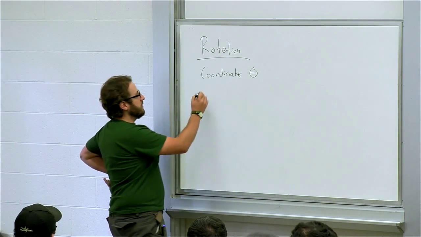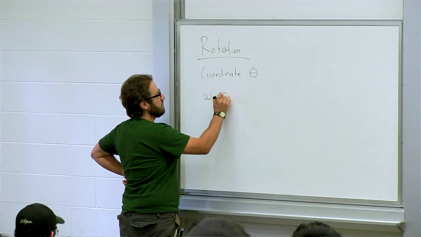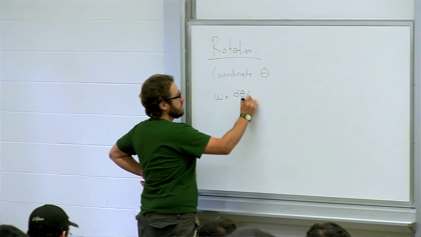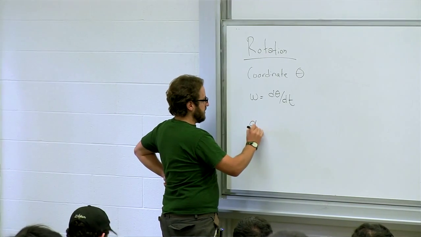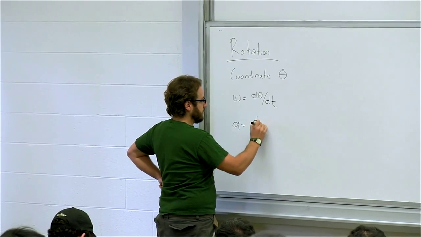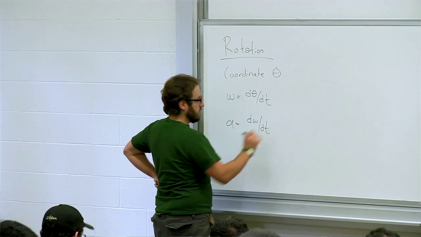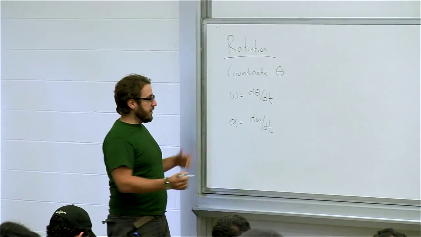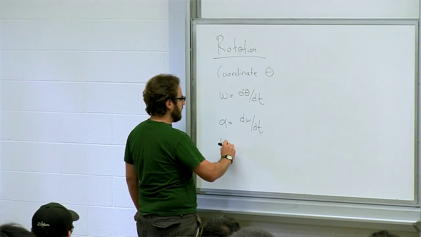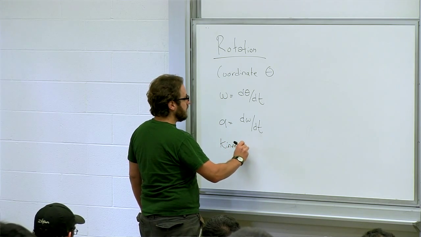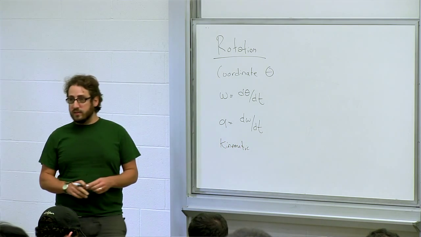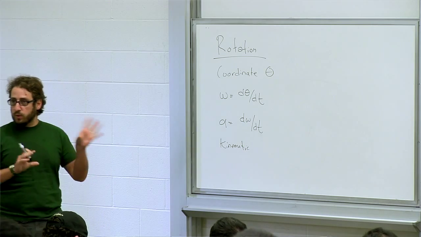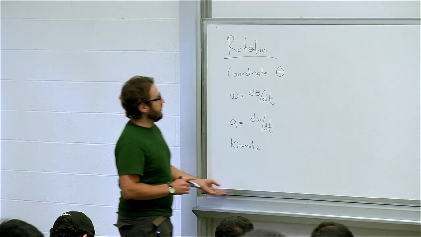We defined a new velocity, and a new acceleration. And then we wrote all the kinematic equations, which are very similar to the translational kinematic equations. You just replace one variable for another. All right, so that was very helpful.